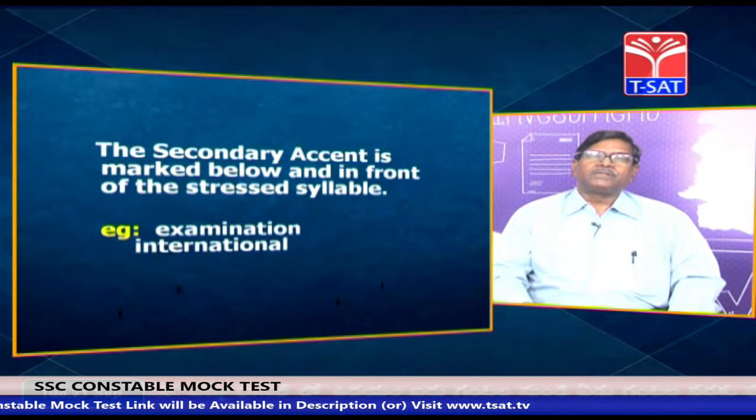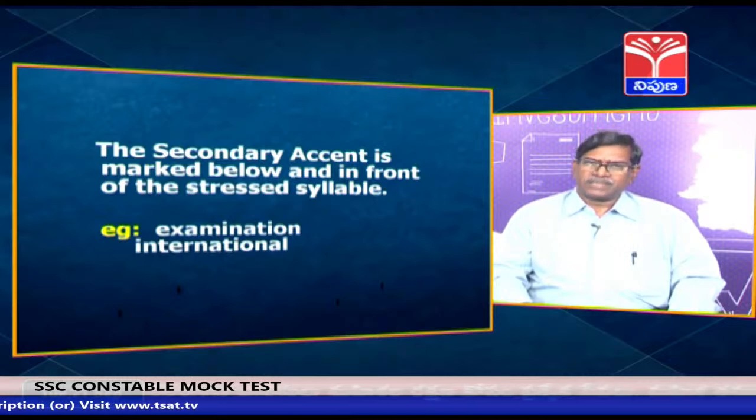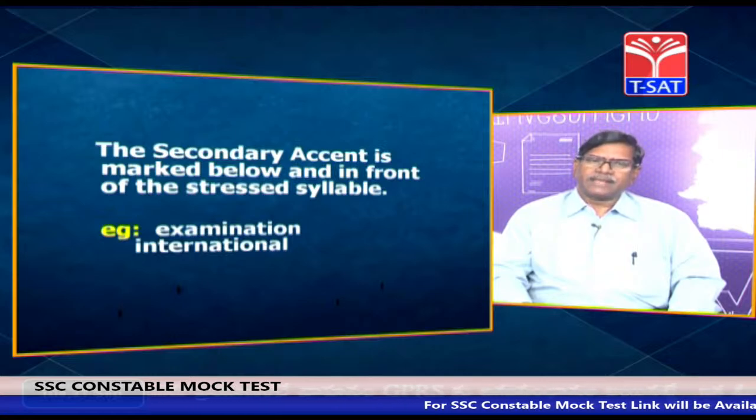So, in the case of polysyllabic words, one syllable gains more prominence and is said to receive primary accent. Another syllable also gets less importance, less than the first one. So, it is said to receive secondary accent, and this secondary accent is marked before and below the particular syllable.